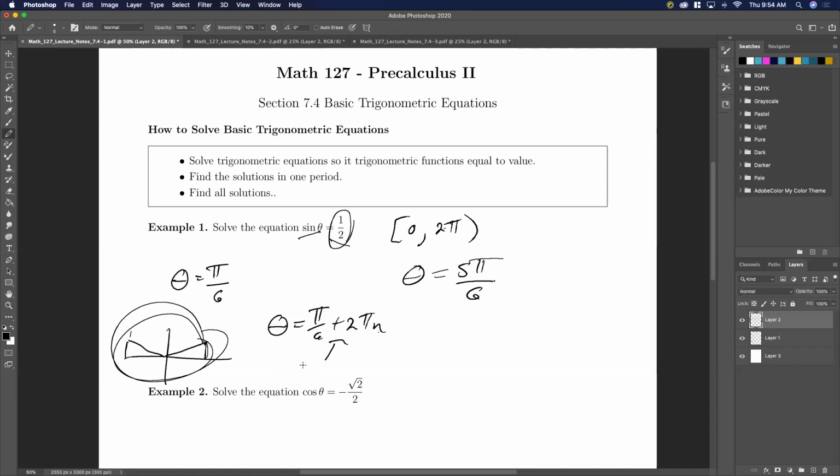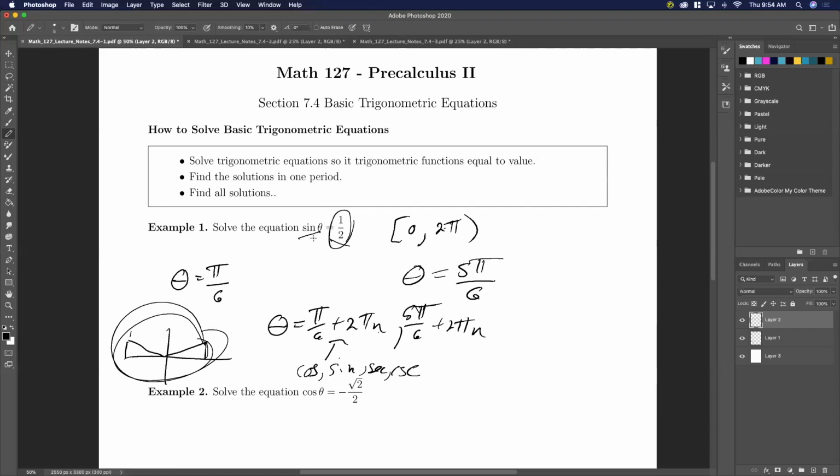And you're going to have to do this for cosine, sine, secant, and cosecant, right? Every time you have cosine, sine, secant, or cosecant, once you find your answers in the period, you can add 2 pi n to it. And so the same thing here, we're going to have 5 pi over 6 plus 2 pi n. Okay.